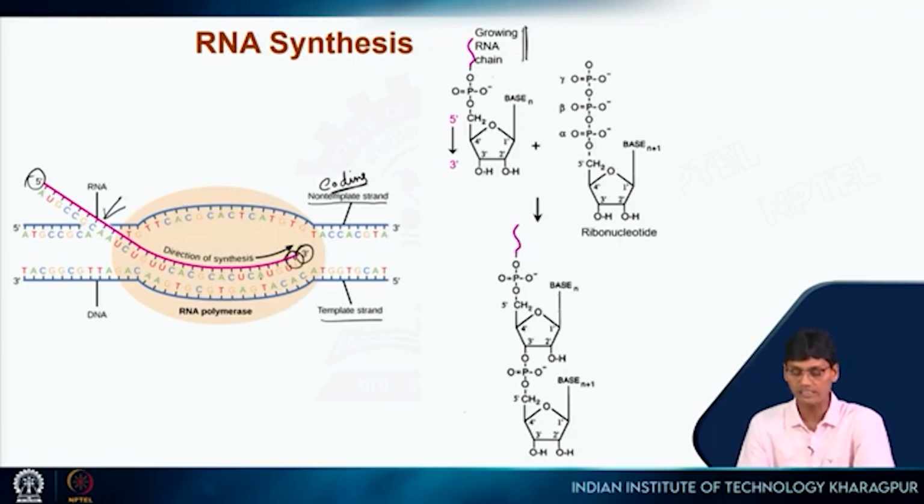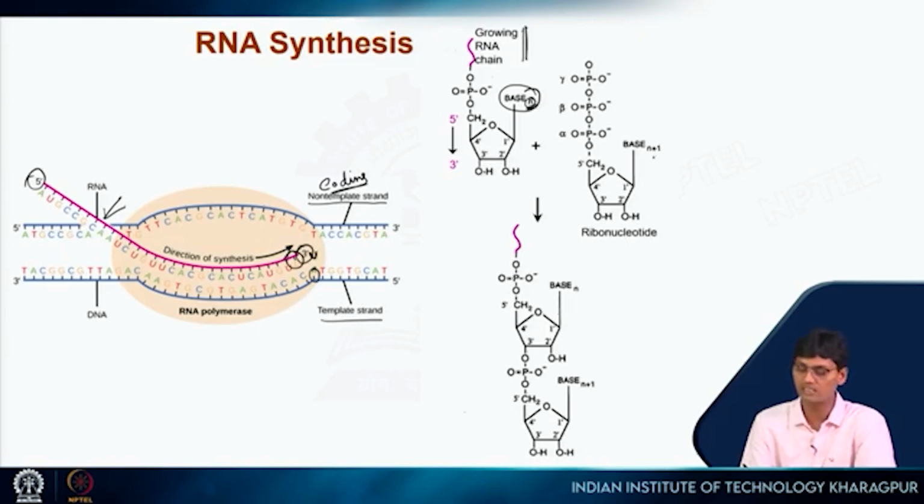As you can see here, in the growing chain, if I say the total number of nucleotides present is n. Now in the next step we have a residue, a nucleotide, in the template strand. As a result, one residue, that will be U, should be added here.